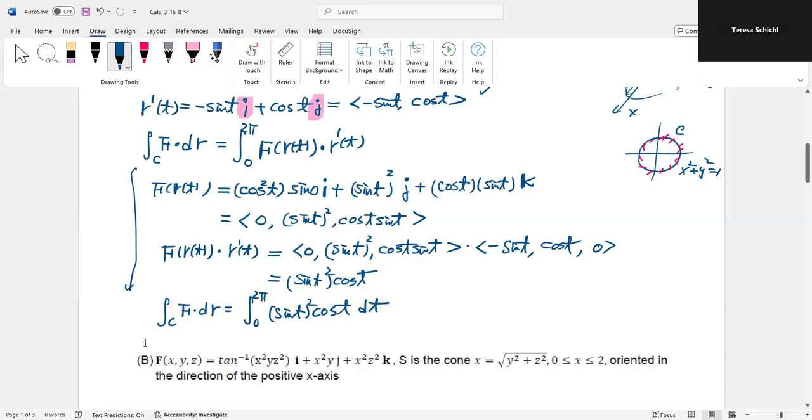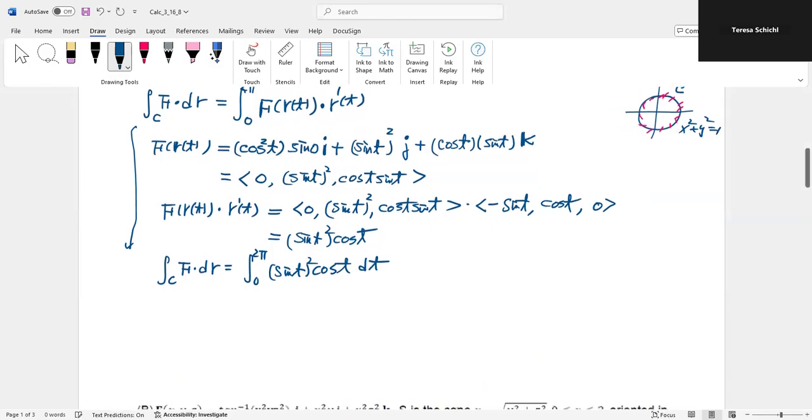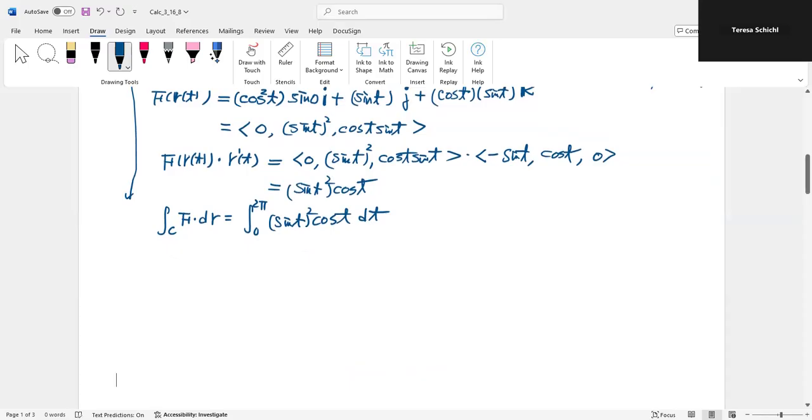Did you see how easy this integration turns out to be? In here I can use a simple u substitution. I can just say u equals sine t and du equals cosine t dt.